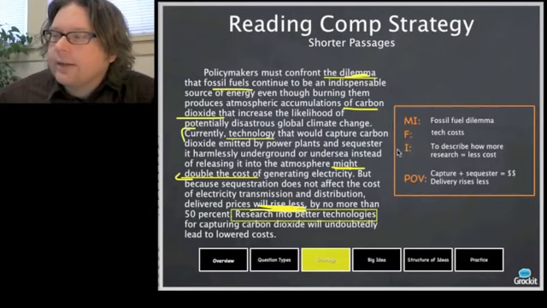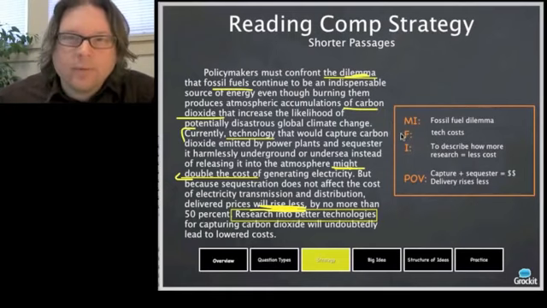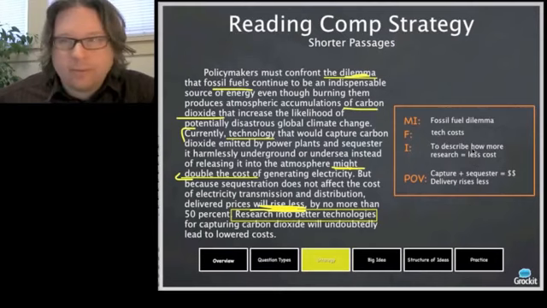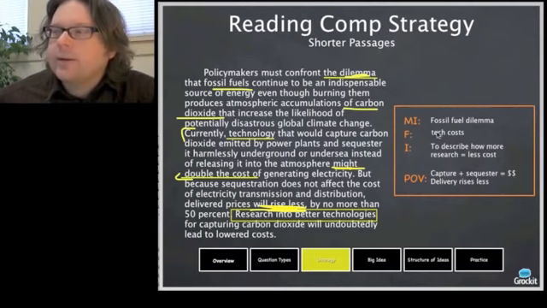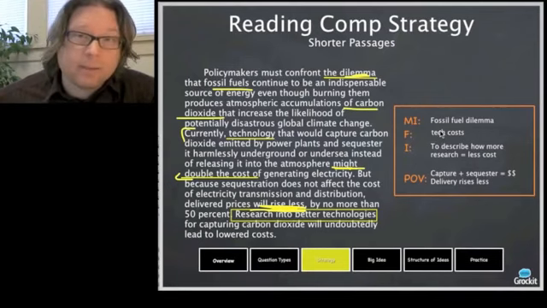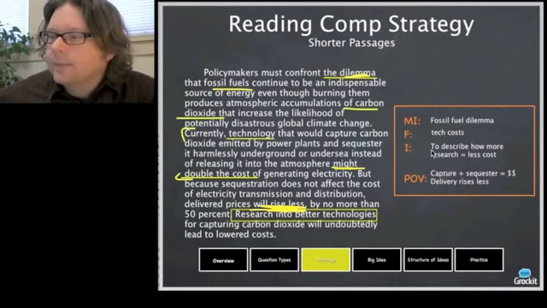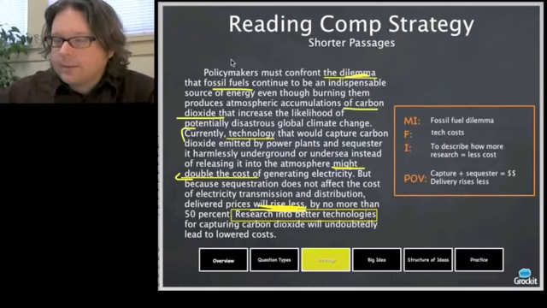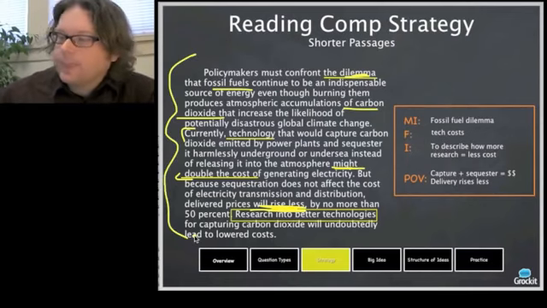So you see how the intention flows from the focus, because it was about tech costs. We go from the fossil fuel dilemma to the technological costs associated with sequestering carbon dioxide, and then specifically how research can reduce those technology costs. And that's what happens throughout this paragraph.